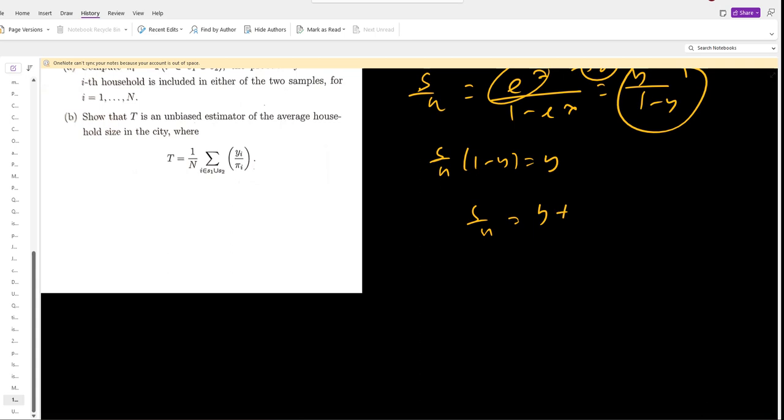So S by n equals y plus Sy by n, so y equals (S by n) over (1 plus S by n), which is S by (S plus n).